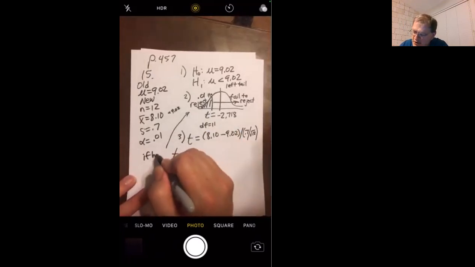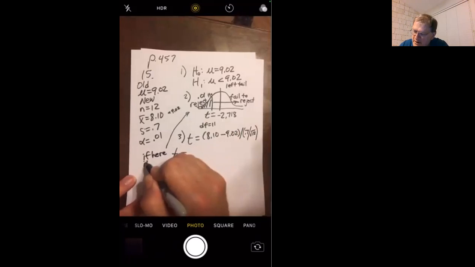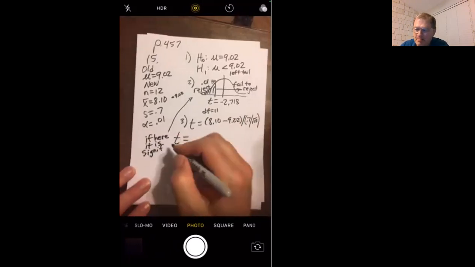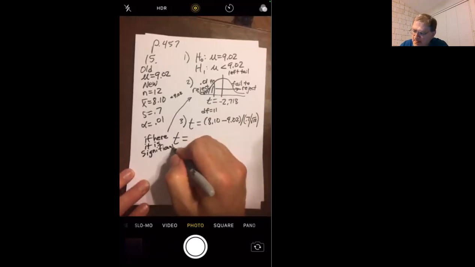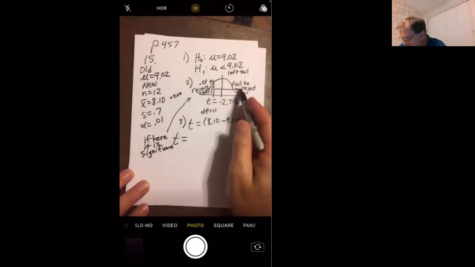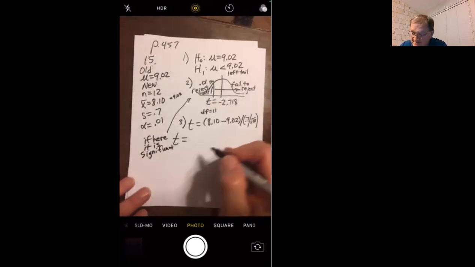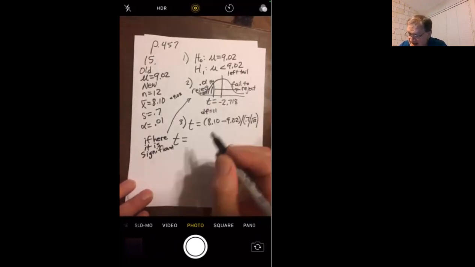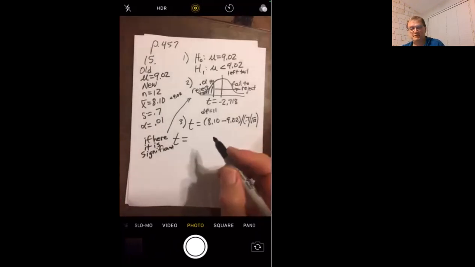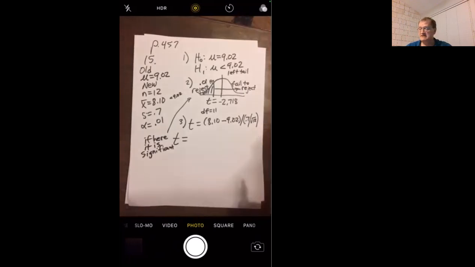If here is significant, if over here, not significant. Put more gibberish down. I hope that's clear.